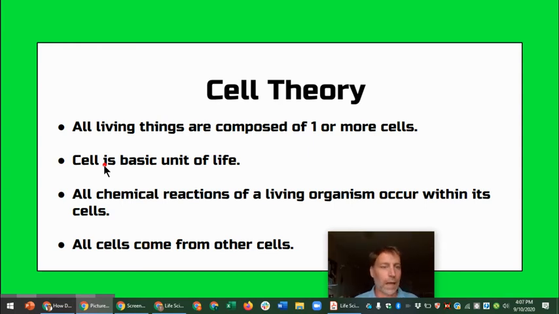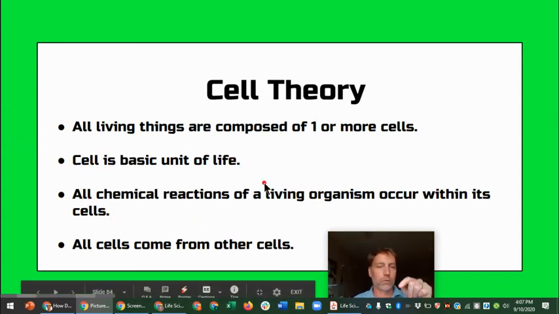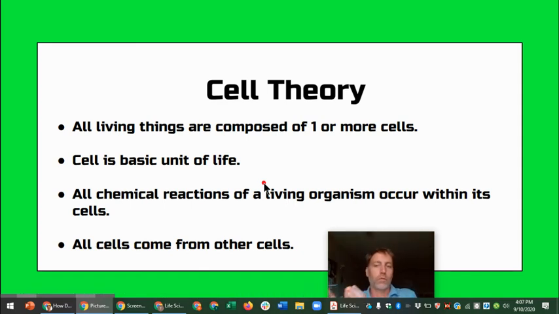To be alive, you must be made of cells, and all chemical reactions of a living thing occur within its cells. So the chemical reactions that happen in your body, in animals' bodies, in plants, even bacteria, even unicellular or single-celled organisms, the chemical reactions for that living thing happen inside the cell. And all cells come from other cells.